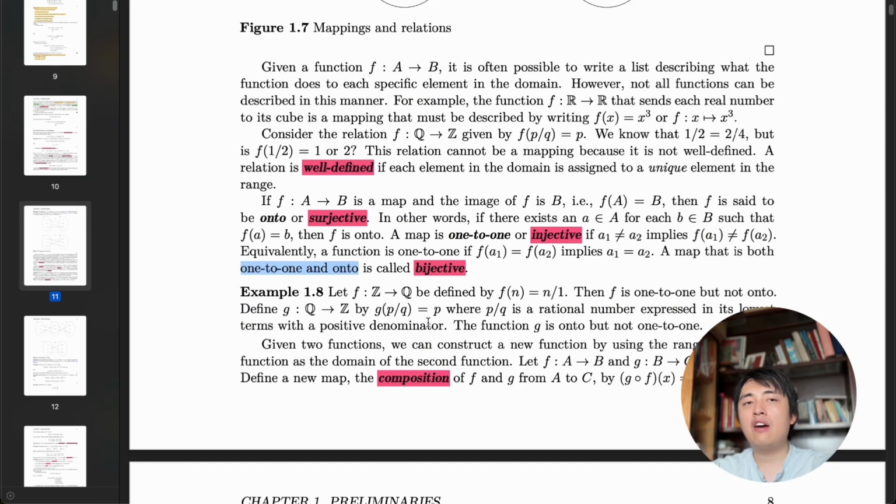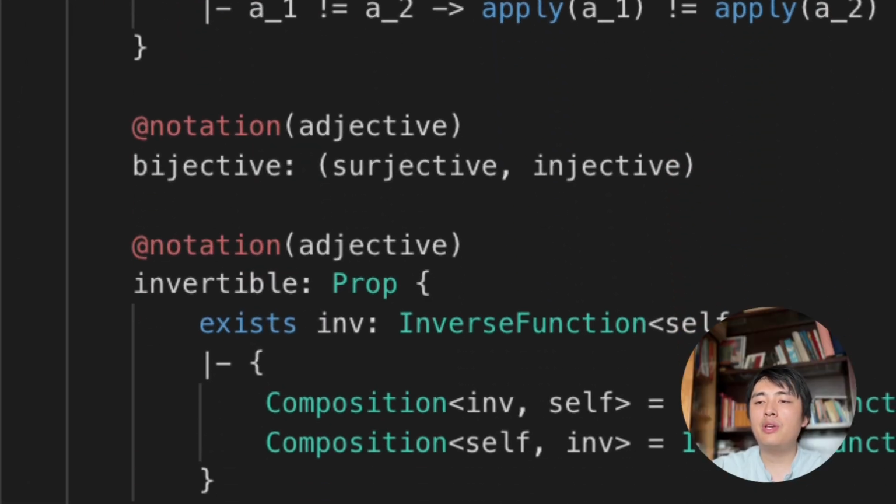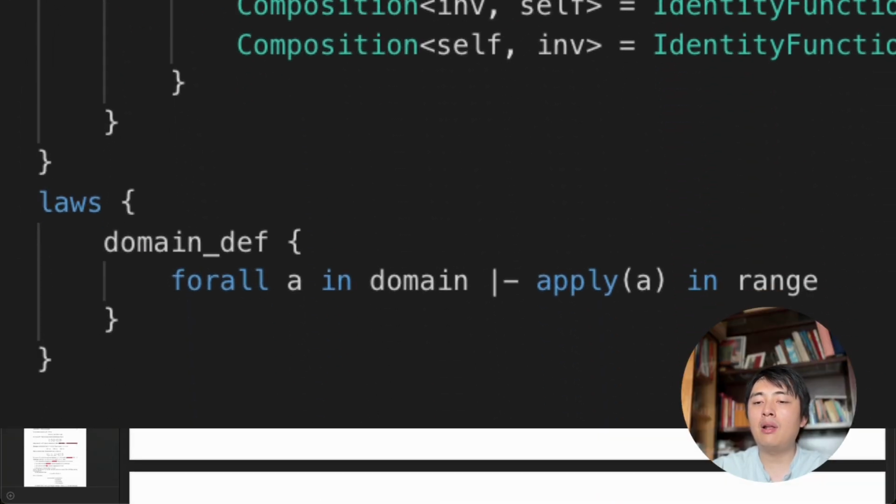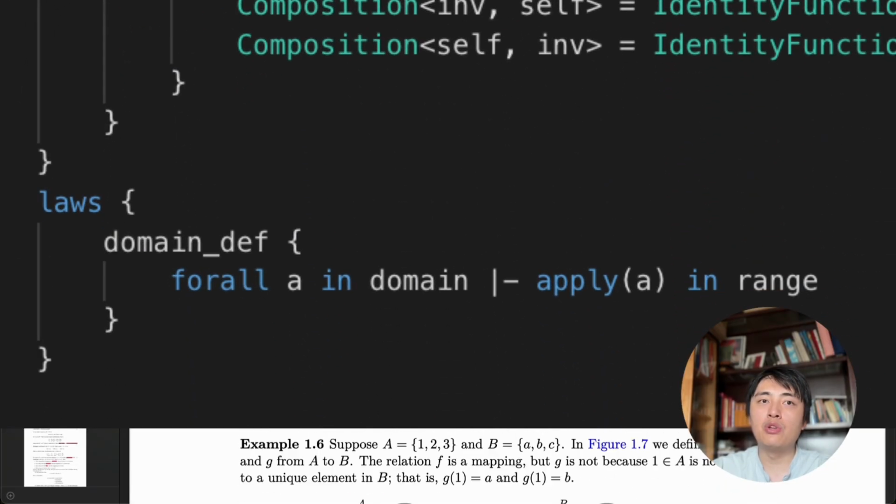Okay, next we have a law specifying what a function should satisfy. Here we say that apply A must be in the range. So whenever you plug in something in the domain, you should always get something within the range, and you cannot map outside the range.